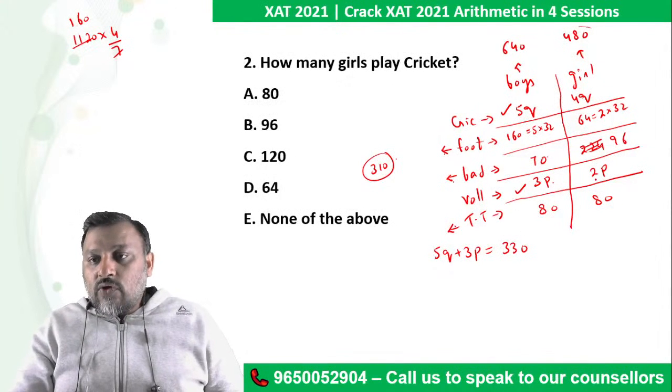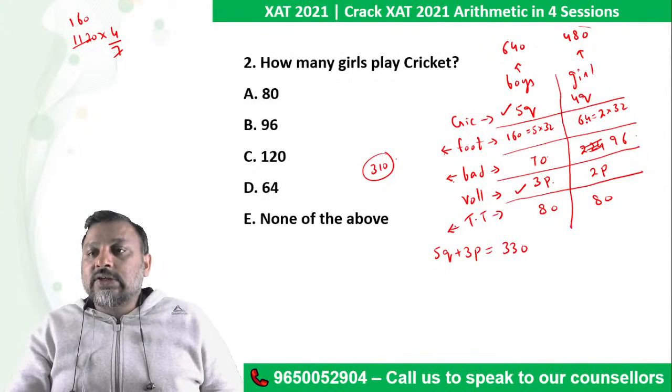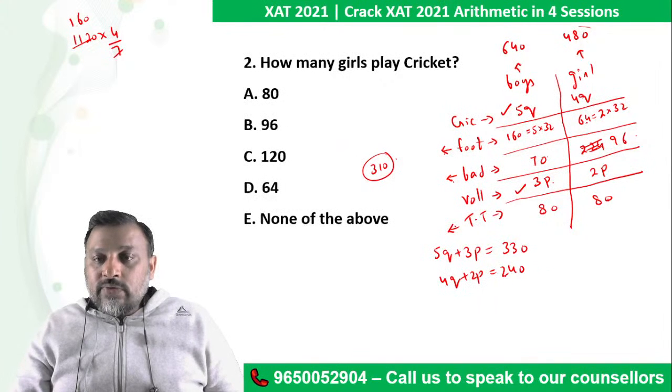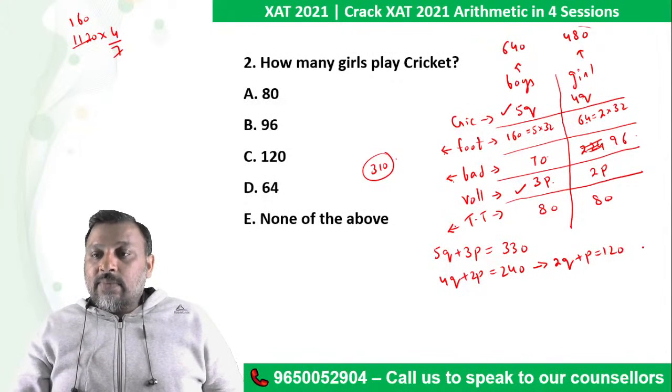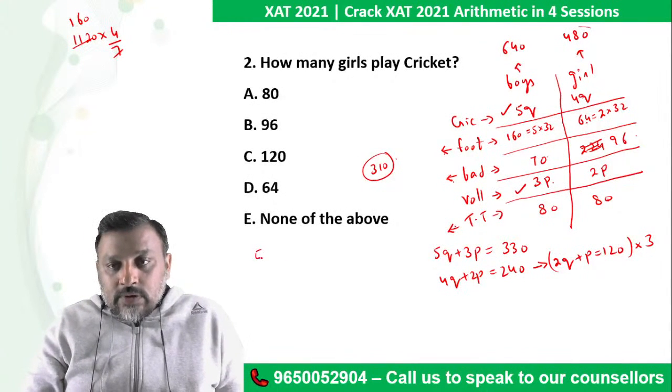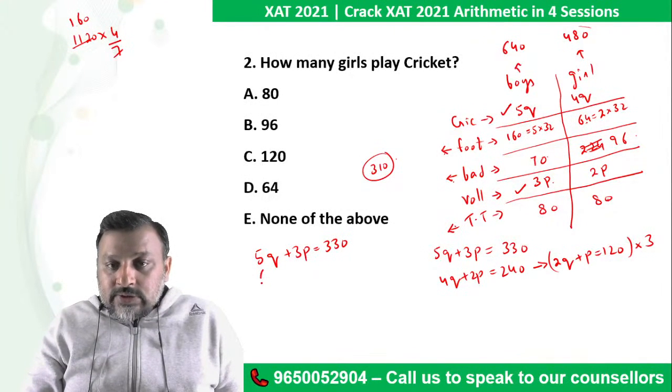And similarly we can form an equation here. This is 96 plus 64 which is 160 plus 80, that is 240. So left is 240. So that means 4q plus 2p is 240. Okay, which can be solved now. This can be written as 2q plus p is 120. So if I multiply this equation by 3, the second equation will become 6q plus 3p is equal to 360.